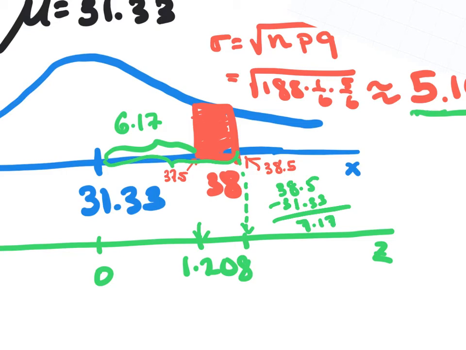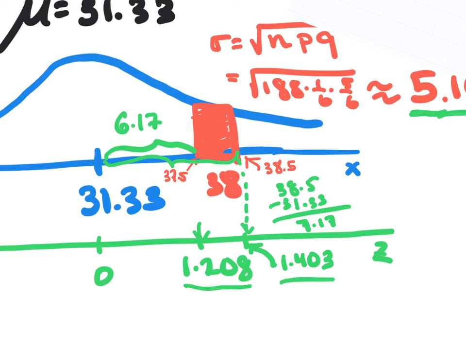Each standard deviation is worth 5.109. So I take my 7.17 divided by 5.109. That's going to give me this value, which is 1.403.